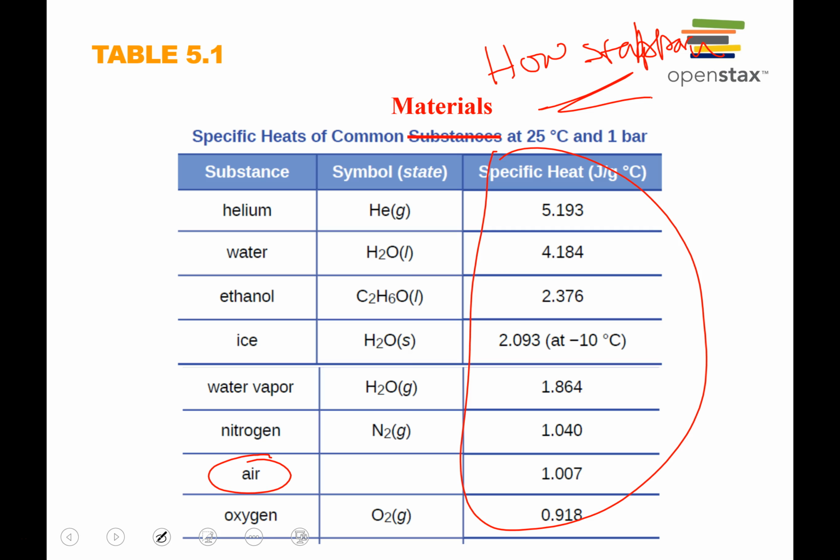The cool thing about that is helium, once you have that gram of helium heated up, it's stubborn to heat up, and its capacity to keep that heat is high too. Oxygen, relatively low specific heat. Water, pretty darn high.